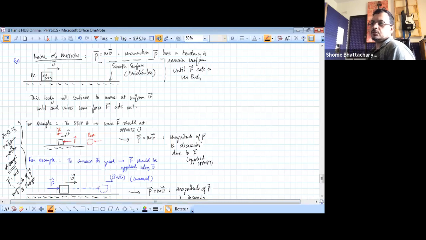Okay, so understood the first two examples of inertia of motion. Trying to accelerate or increase the velocity's magnitude, you have to apply the parallel force. Trying to decrease the velocity's magnitude, you have to apply an opposite force.